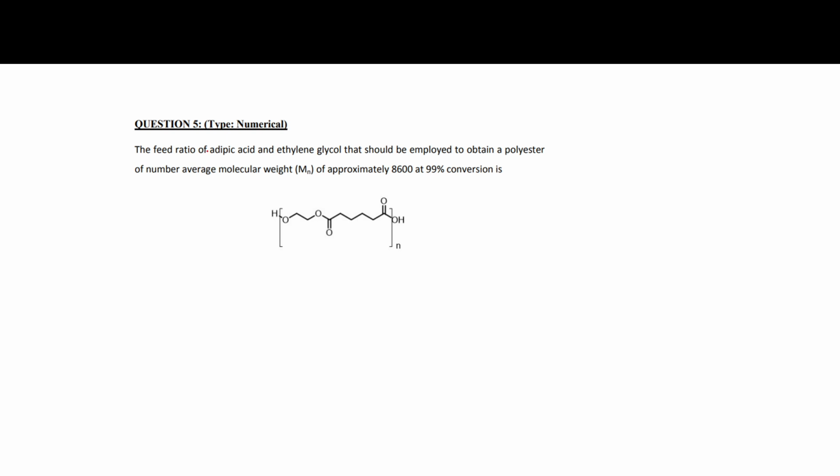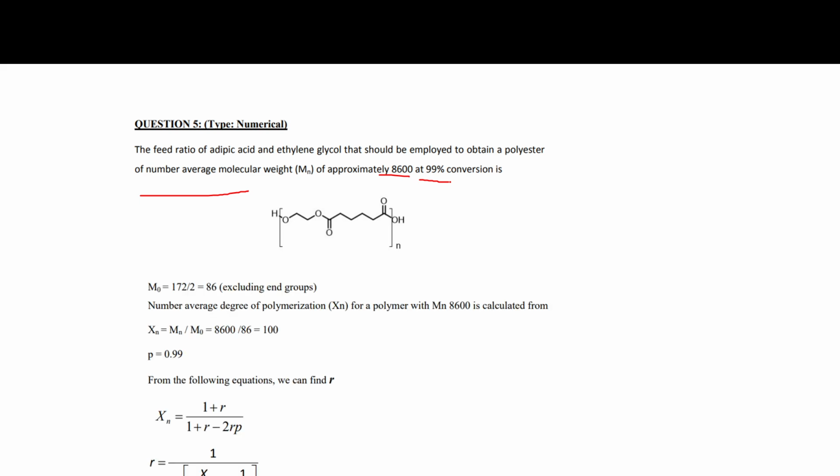Then we have to calculate the feed ratio of adipic acid and ethylene glycol that should be employed to obtain the polyester. The number average molecular weight is given as 86,000 and conversion is 99%. To calculate this, first we have to calculate the repeating unit molecular weight in a similar way. We add the total number of atoms, and it will be coming around 172.